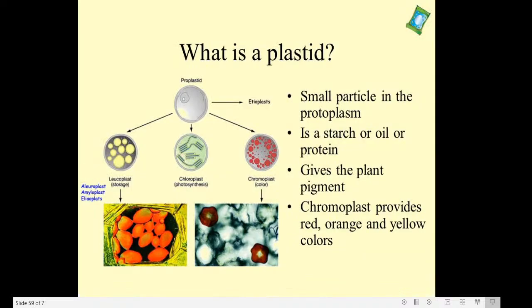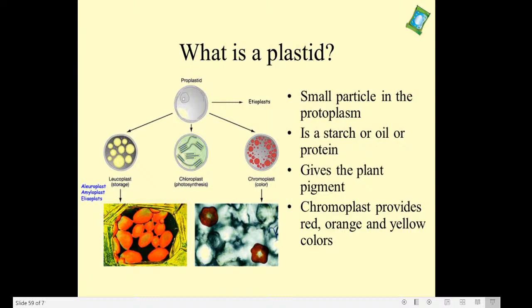There are three different plastids: leucoplast, chloroplast and chromoplast.